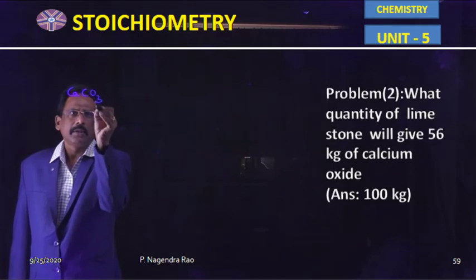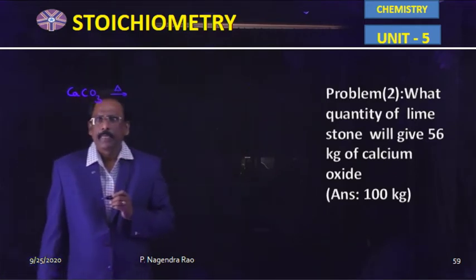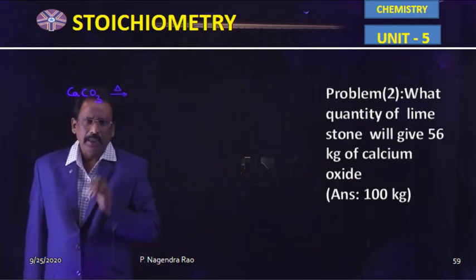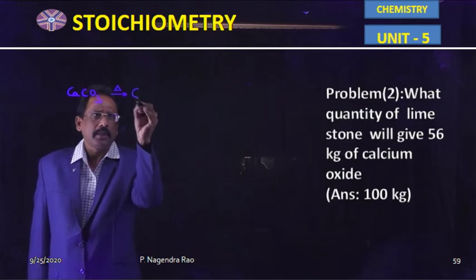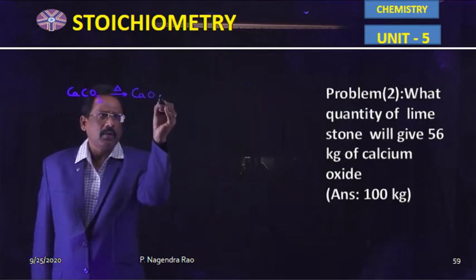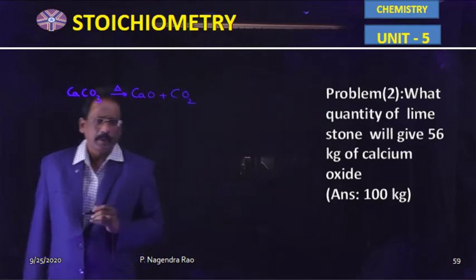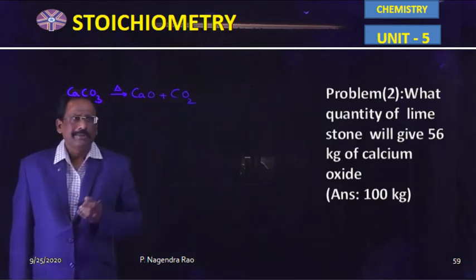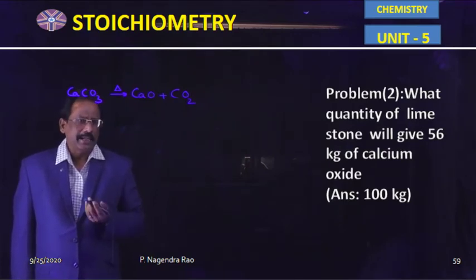The formula of limestone is CaCO3. Calcium carbonate is known as limestone. On heating, limestone is converted into quicklime and CO2. This equation is already balanced in terms of atoms.